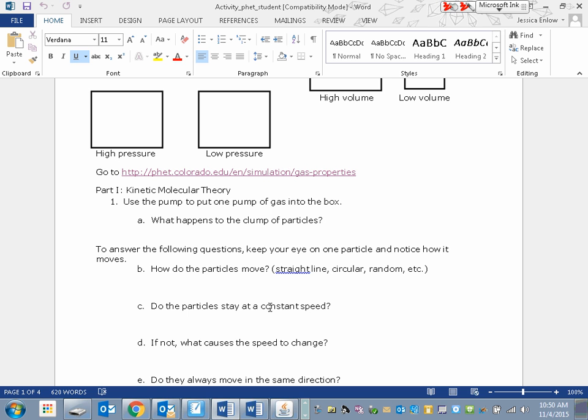And then a few light species. Does the mass of the particle significantly affect pressure? No. Let's see.